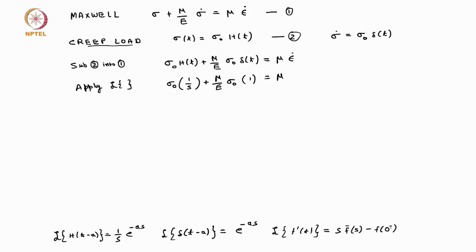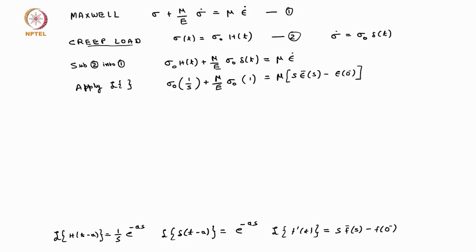We also need to emphasize that it is 0 minus, which means slightly left of the time t equals 0. Now let us apply this formula here. So, this should be s times the Laplace of strain minus the strain at slightly less than 0.